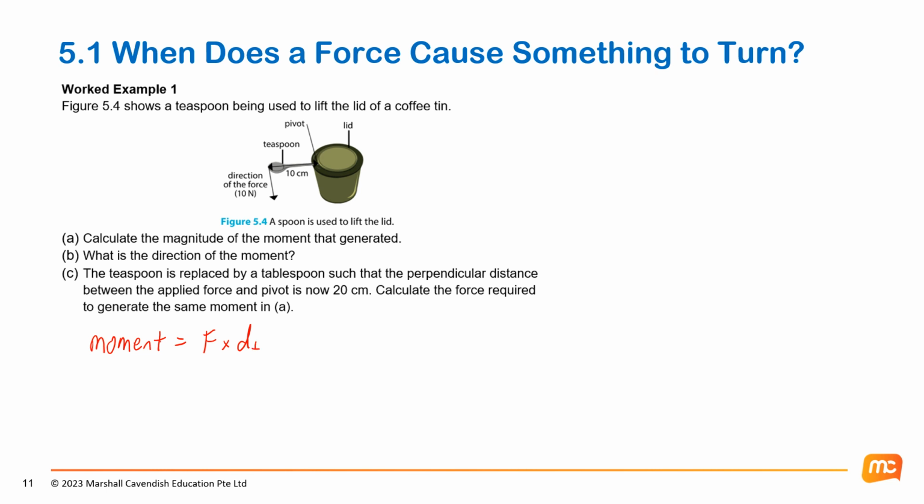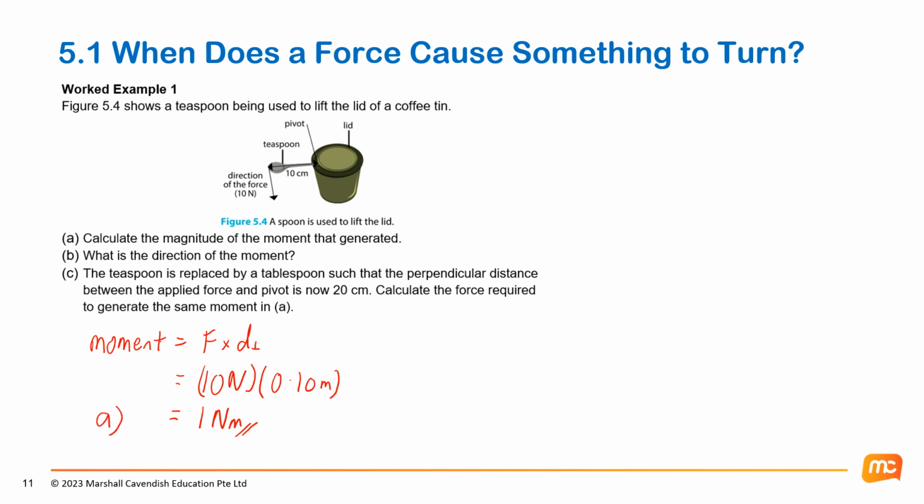Now, I've also used this notation over here to denote perpendicular distance. However, that's not required. If you just put F times D, that is acceptable as well. So we see over here in our example that the force has a magnitude of 10 newtons and the perpendicular distance is 10 cm. Very important, we convert it to SI units. So this will give us then 1 Newton meter. So that is our answer for A.